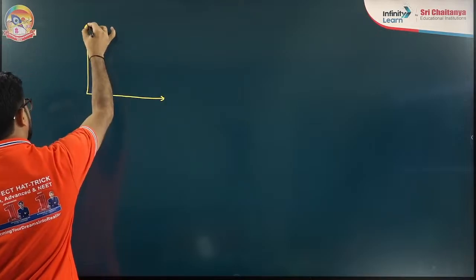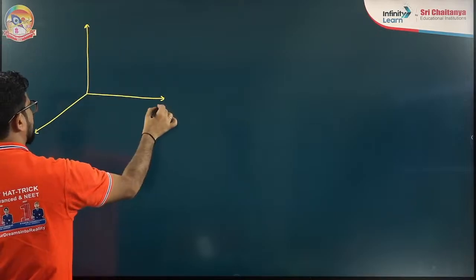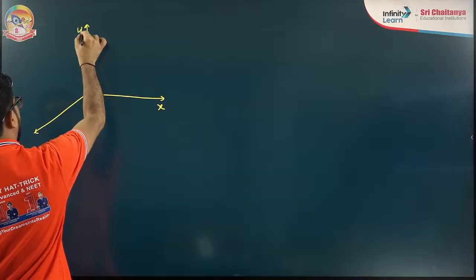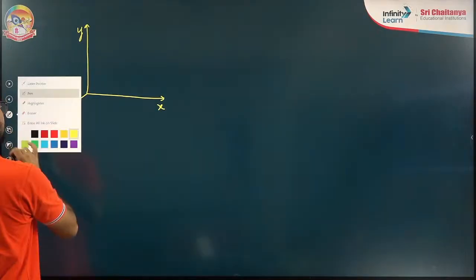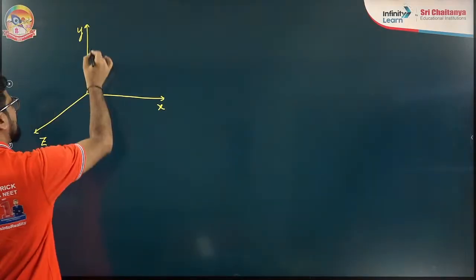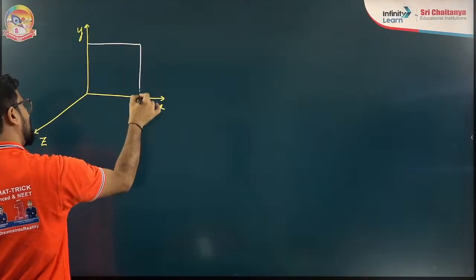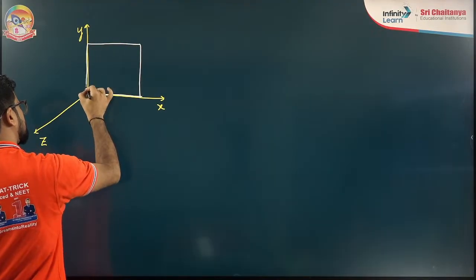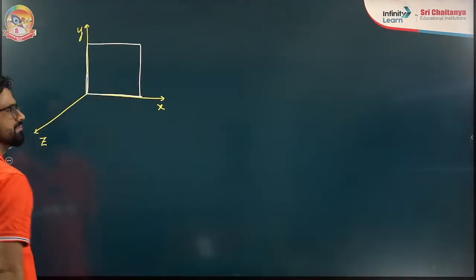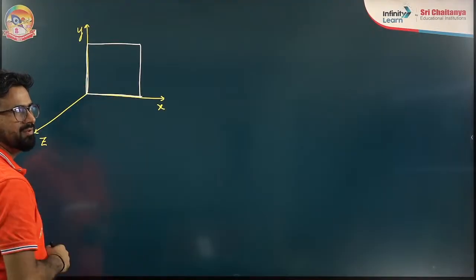Next problem. This is your XYZ coordinate system, and in this XYZ there is one square sheet placed here. This square sheet is placed, beta.